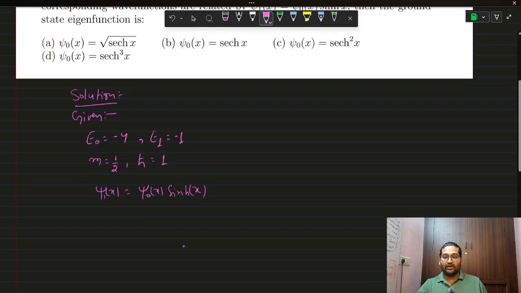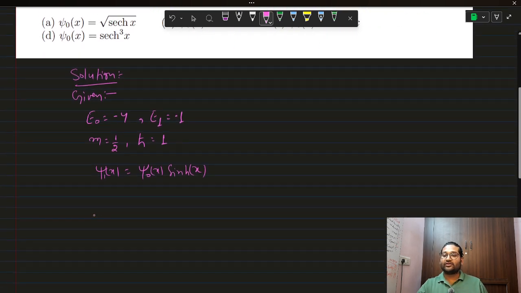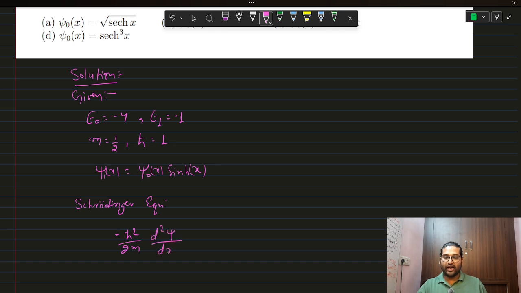Now we will write the Schrödinger equation. The general form of the Schrödinger equation is minus h cut square by twice m d2 psi upon dx square plus V psi is equal to E psi.